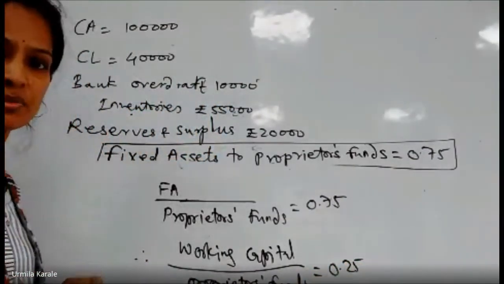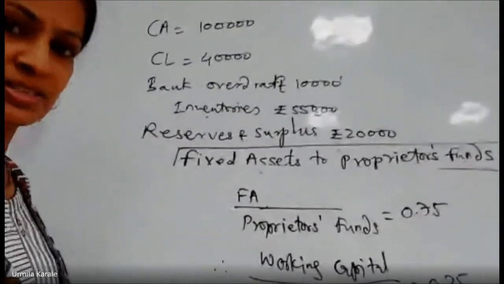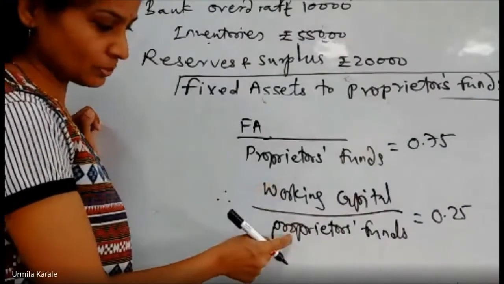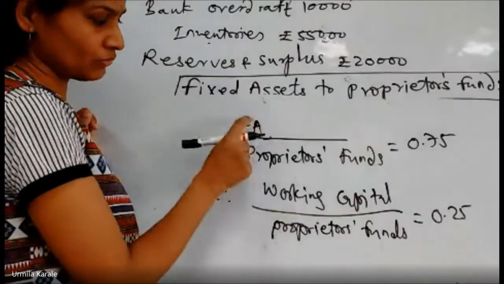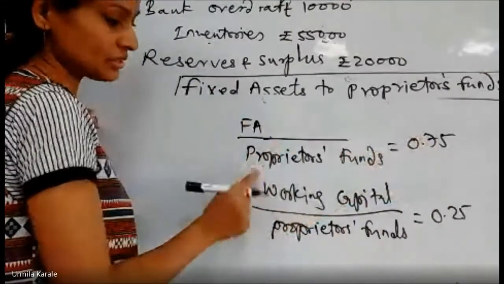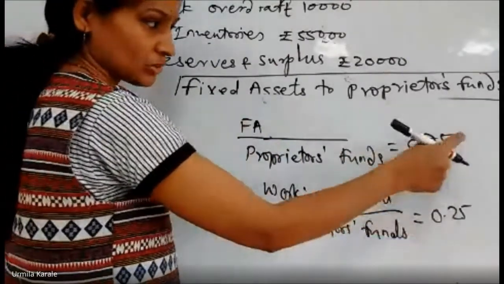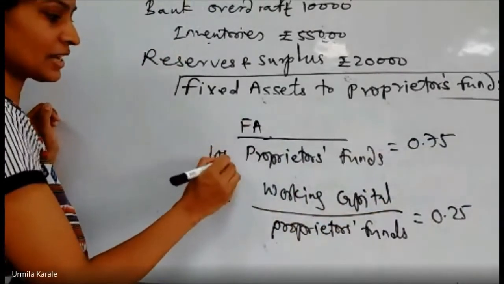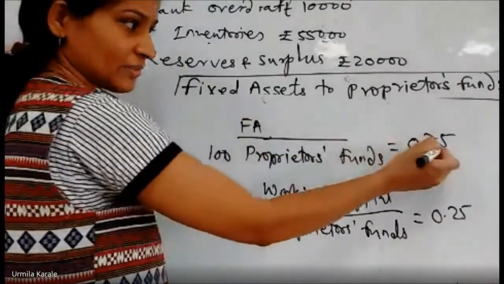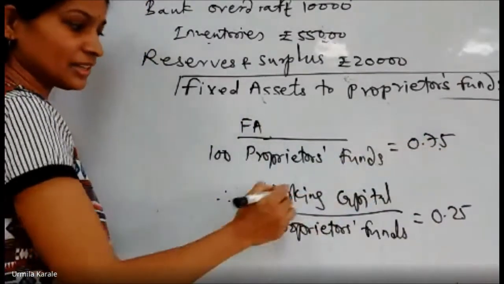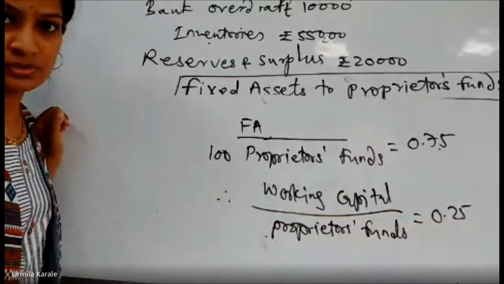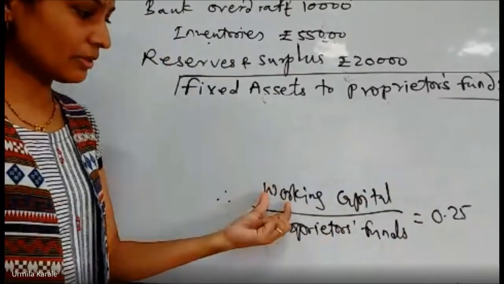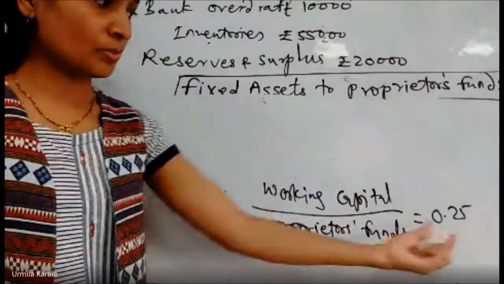Same thing, we have just written it in equation, in the same format we discussed. Working capital upon proprietors funds. So if fixed asset is 75, working capital is this, because this plus this together is proprietors funds. If I say proprietors funds is 100, and this is 75%, out of that 100 this is 25. Now we have got an equation to solve, right? So working capital upon proprietors funds is 0.25.